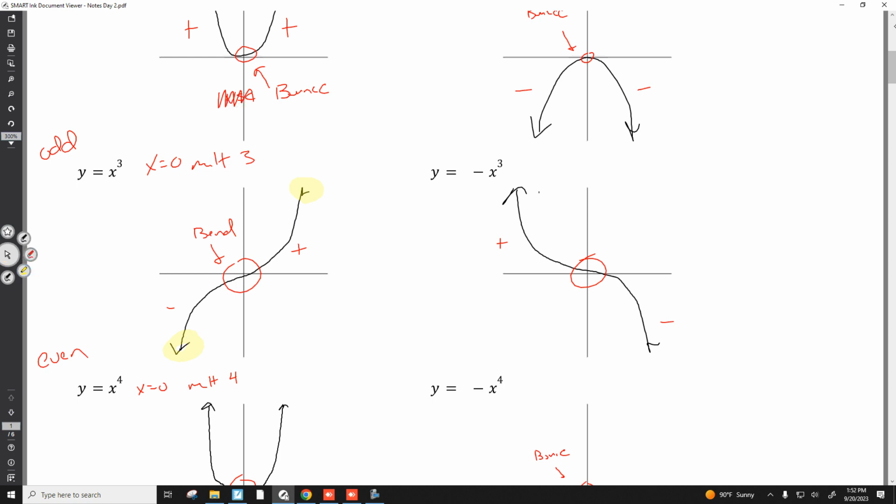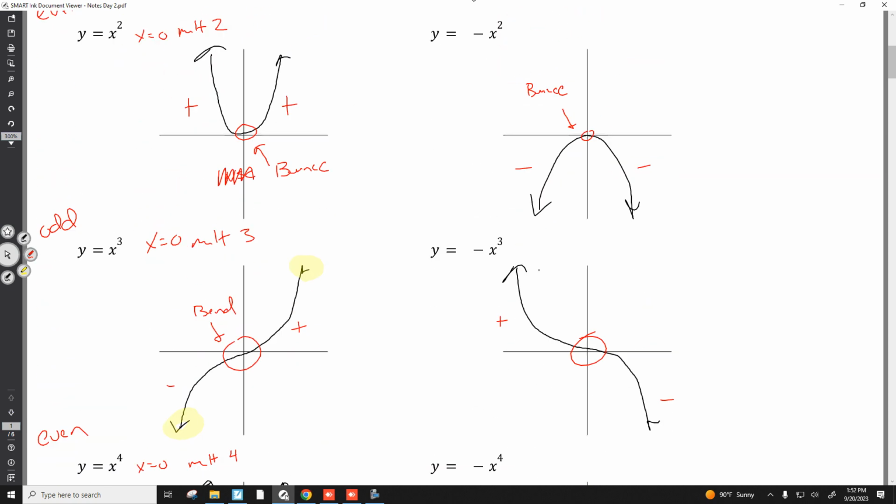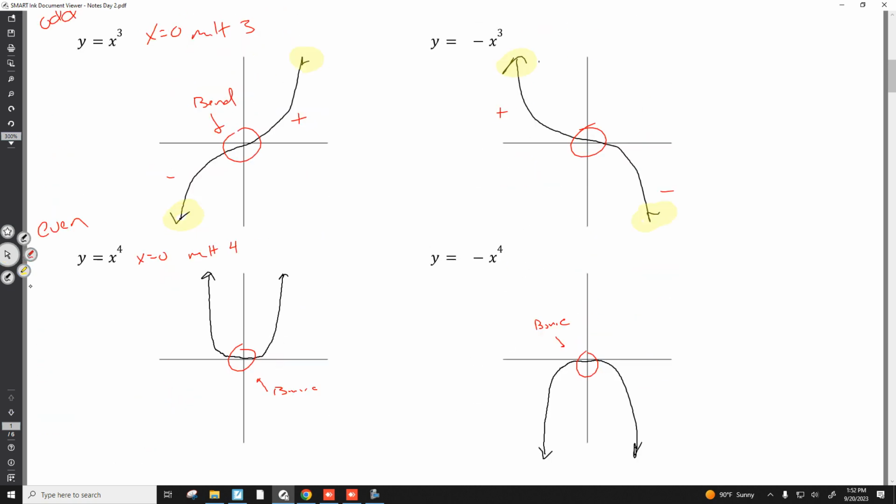Just by knowing the graph of these simple parent functions, you start to notice patterns that you'll be able to use when you analyze your polynomial. If you look at your evens, x squared, x to the 4th, your evens are ending up in the same direction, whether you have a positive x to the 4th or a negative x to the 4th.